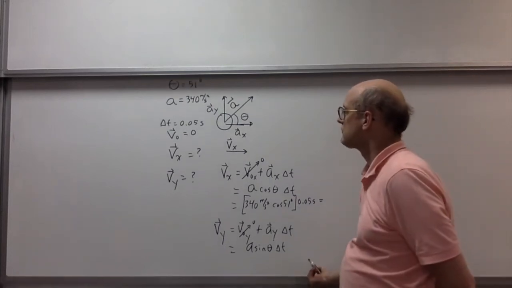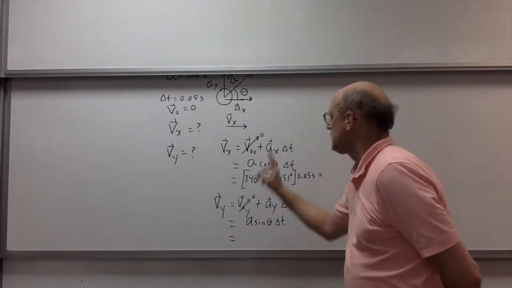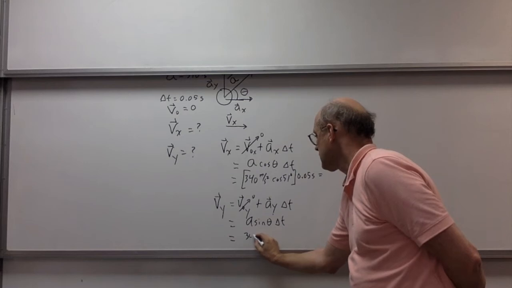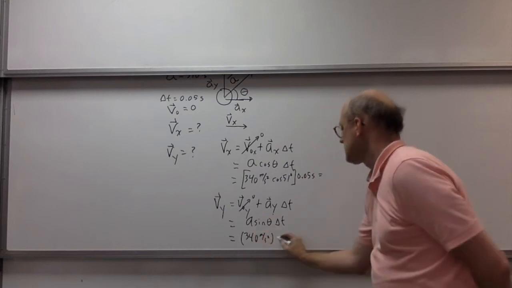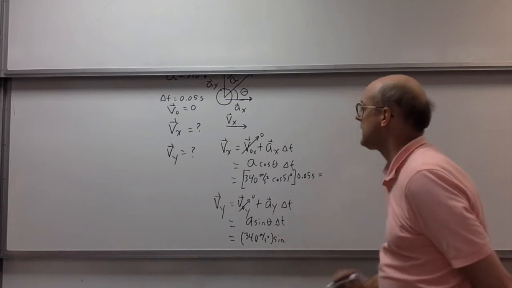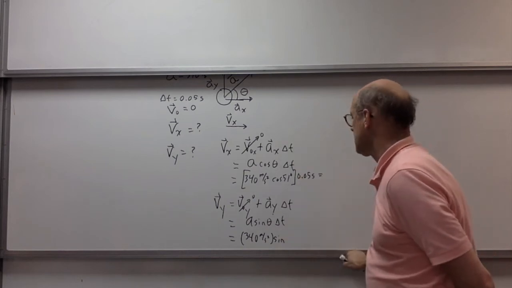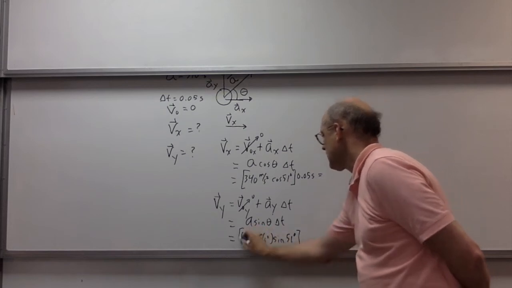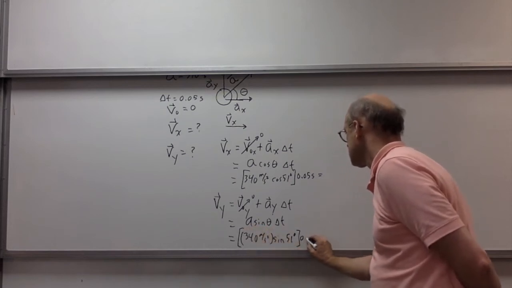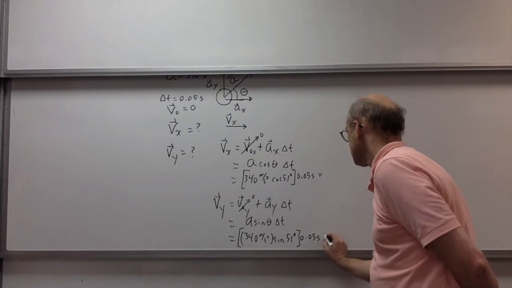Substituting, we have 340 meters per second squared times the sine of the angle, which is given as 51 degrees, and then we multiply that by the time, 0.05 seconds.